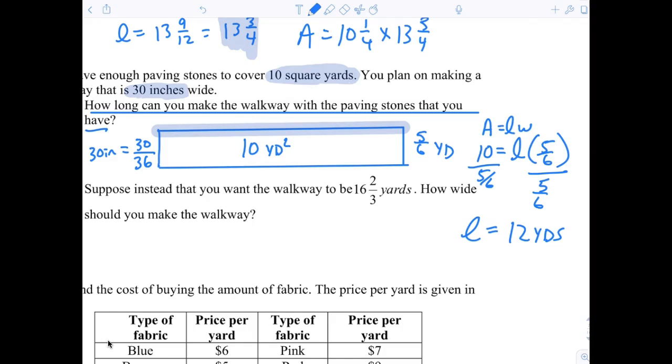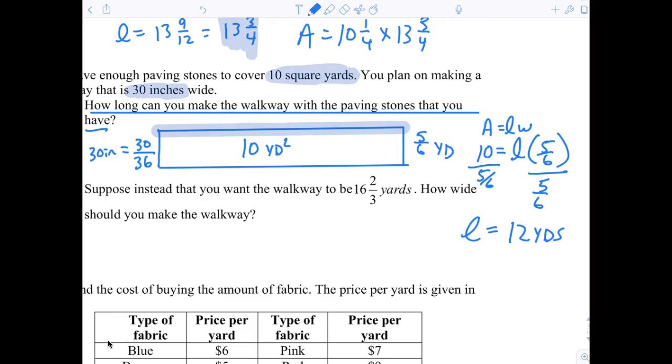Now listen to me. You measure area with squares. You measure length with yards. So if I were to draw this out, there would be 10 squares in there. But a length is always measured in units, not units squared. Now, what is a unit?